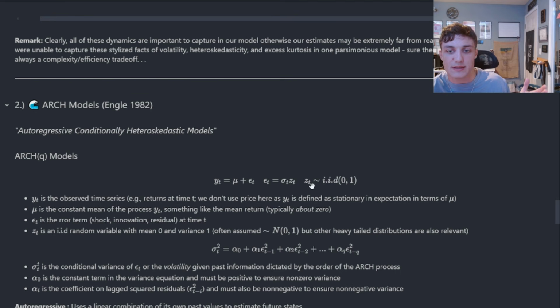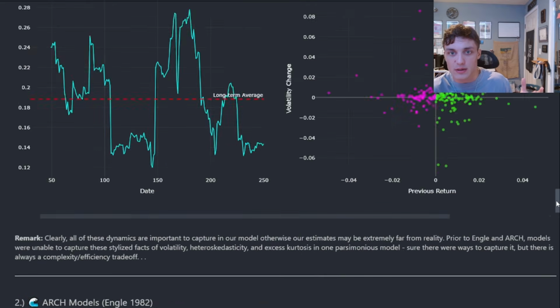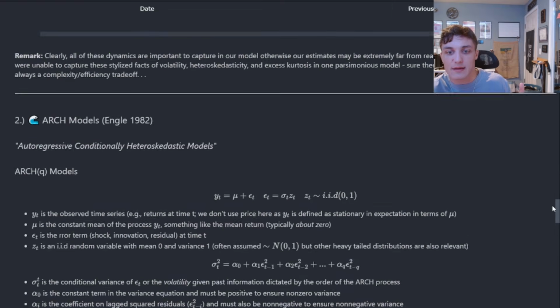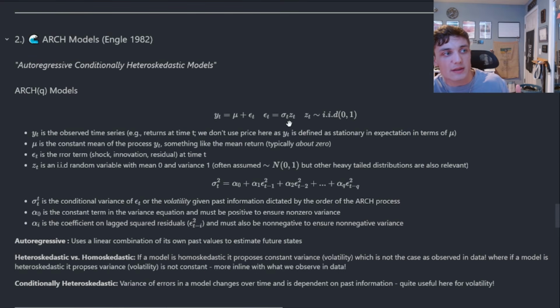When we take this product, if this is some standard normal random variable, then we're not dealing with what? A normal distribution with a constant variance, like this parametric approach. Instead, the variance is going to depend on time t. That is substantial.